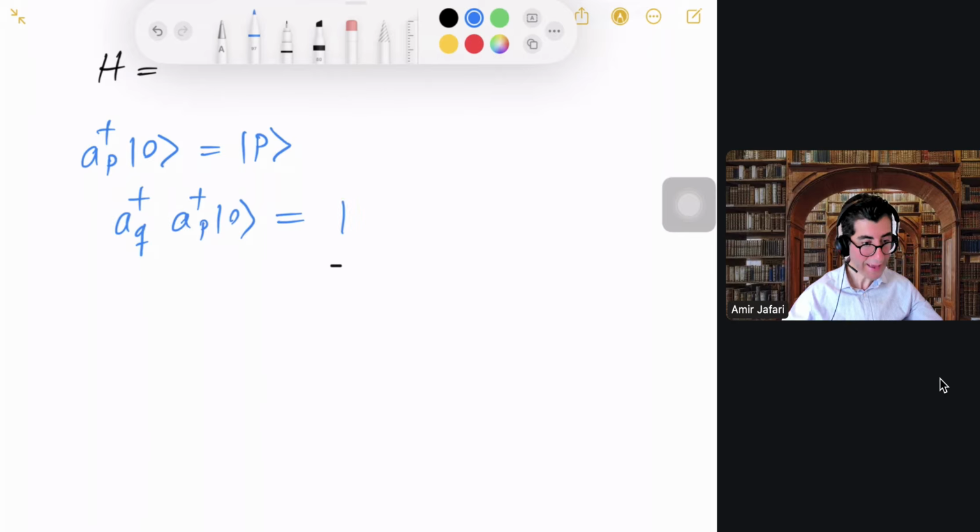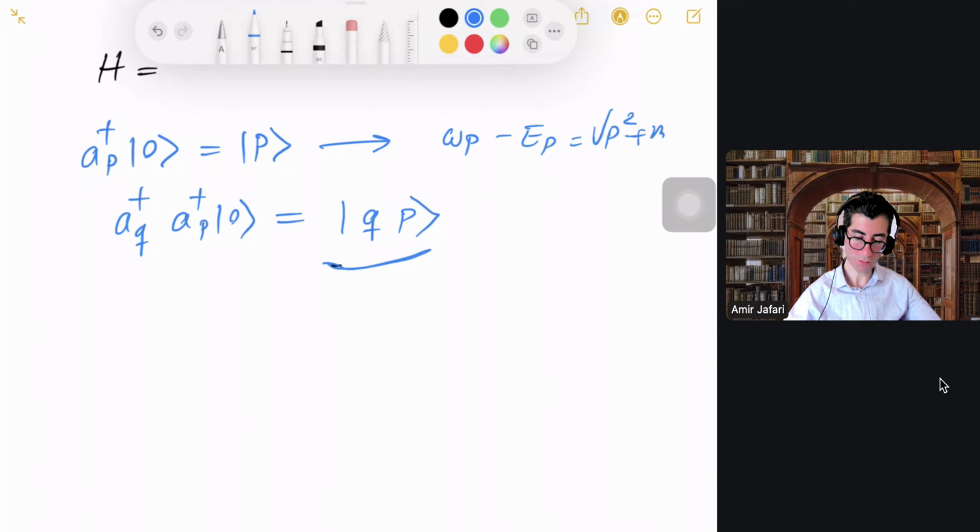We're going to talk about the notation for these quantum states. But the point is that you can show that the energy of this is basically omega p, or E_p, which is the square root of p squared plus m squared. Try to think about these and get a deep understanding of what's going on.